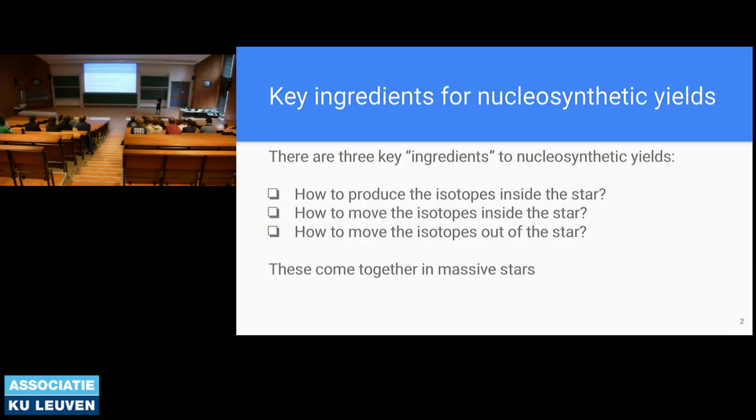So to start with nucleosynthetic yields. When we look at nucleosynthetic yields, we use three key ingredients, aside from the mass and the initial metallicity of the stars. We look at how do we produce the isotopes inside the star, which is nuclear physics. How do we move the isotopes inside the star?